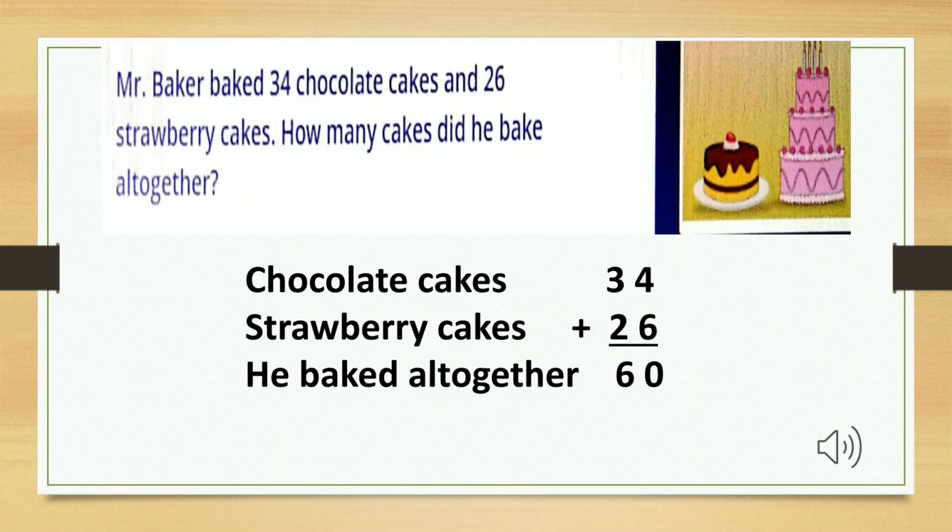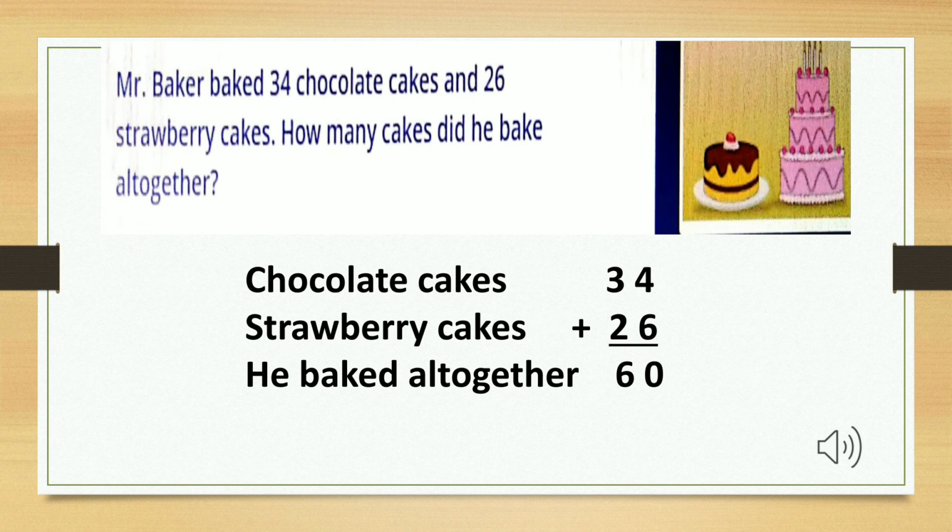Now read question number 4. Mr. Baker baked 34 chocolate cakes and 26 strawberry cakes. How many cakes did he bake altogether? After reading the question, we will write the statements. In our first statement, we will write chocolate cakes is equal to 34. Strawberry cakes is equal to 26.